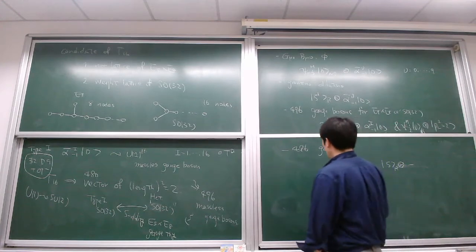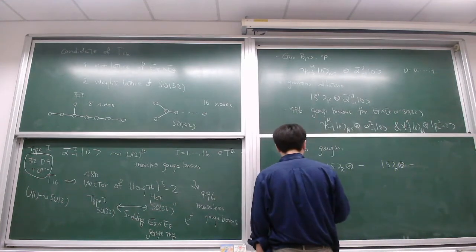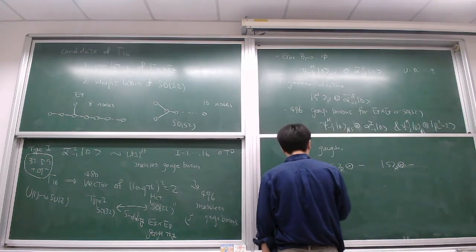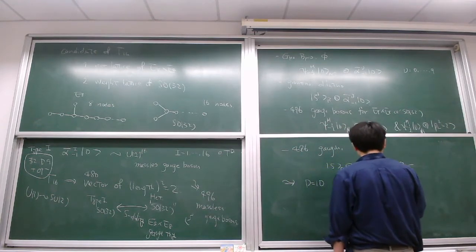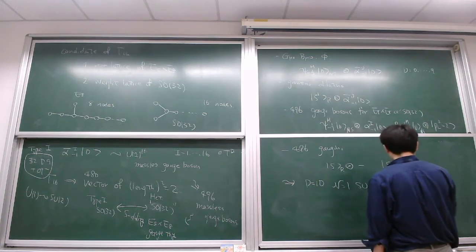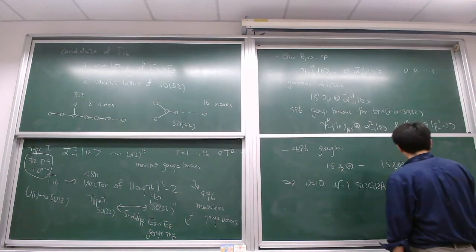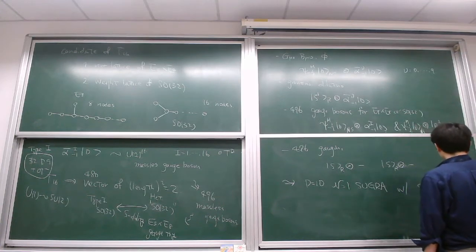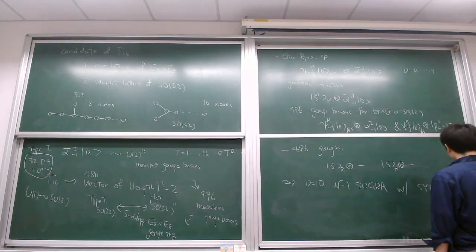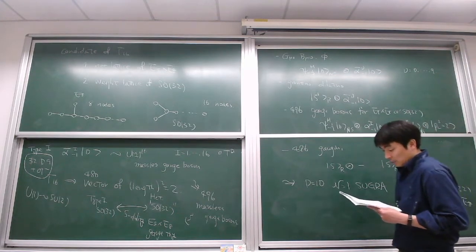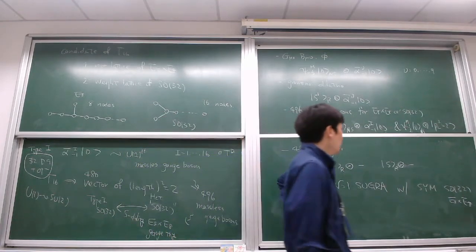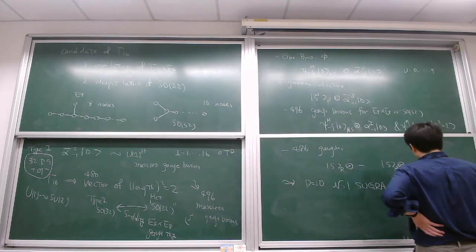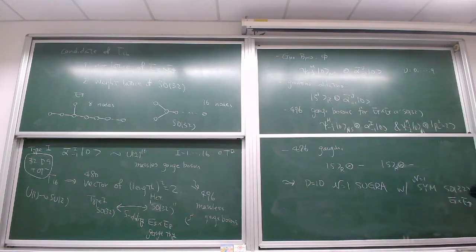This indeed gives you D = 10, N = 1 supergravity with the super Yang-Mills of SO(32) or E8 × E8, the N = 1 super Yang-Mills multiplet in ten dimensions.